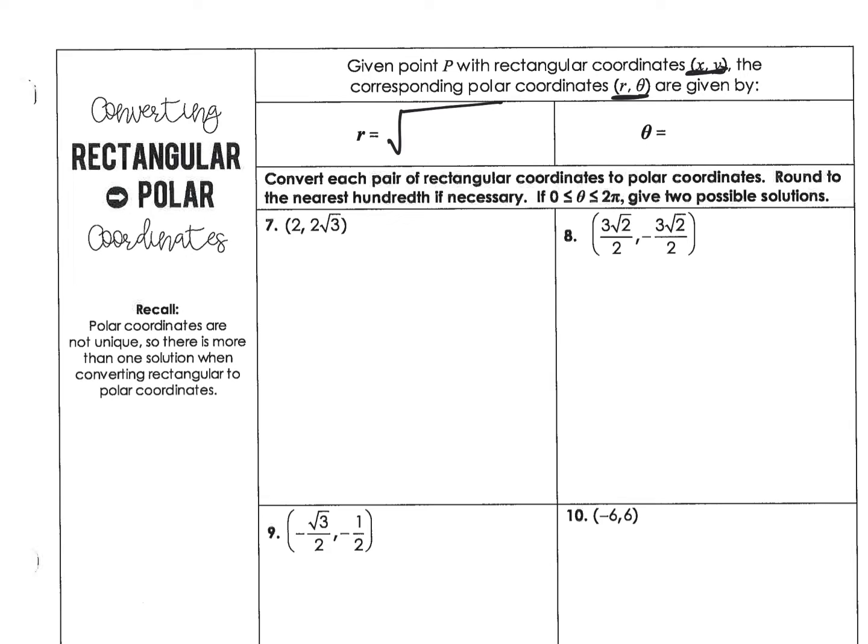Square root of, instead of a squared plus b squared, what do we have here? X squared plus y squared. Yeah. Inverse tangent of y over x. Again, analogous to vectors.